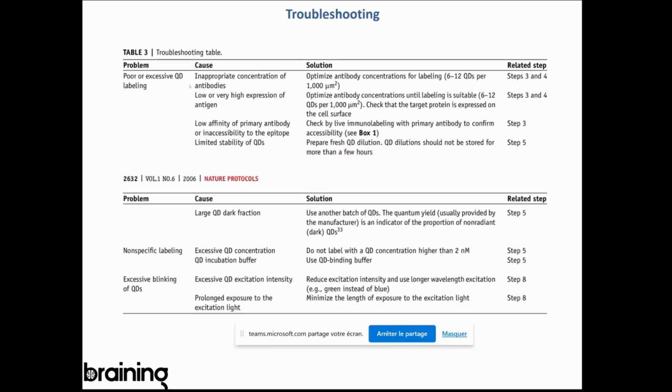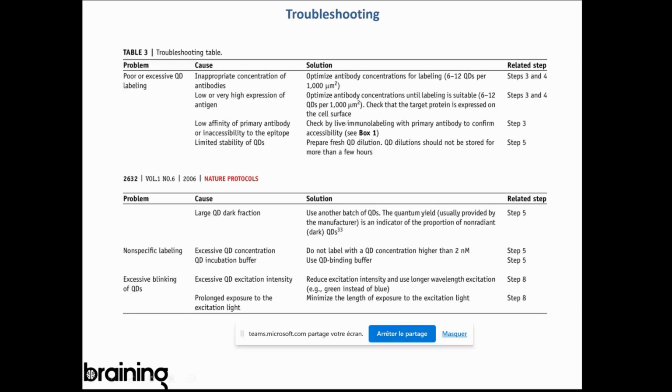Most of the time, the main problem is the primary antibody. You need a very good antibody that works very well for regular immunocytochemistry on fixed cells, and of course, it has to recognize an extracellular epitope of the molecule.